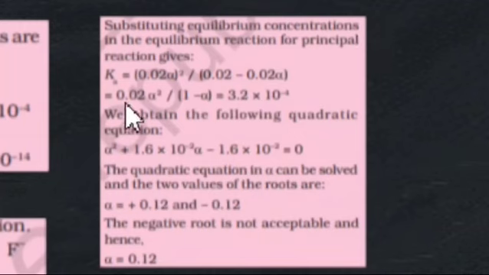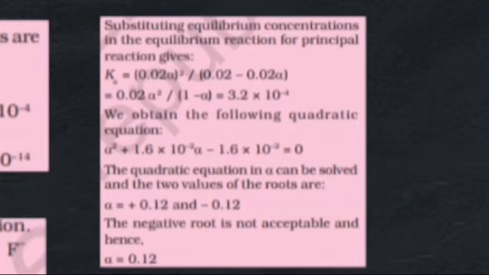Substituting the equilibrium concentrations in the equilibrium expression for the principal reaction, Ka is equal to the concentration of the products raised to their stoichiometric coefficients divided by that of the reactants raised to their stoichiometric coefficients. So Ka equals 0.02 alpha times 0.02 alpha divided by 0.02 minus 0.02 alpha.